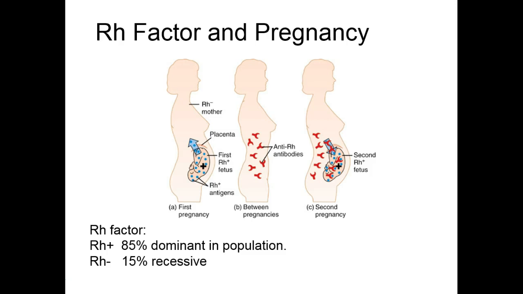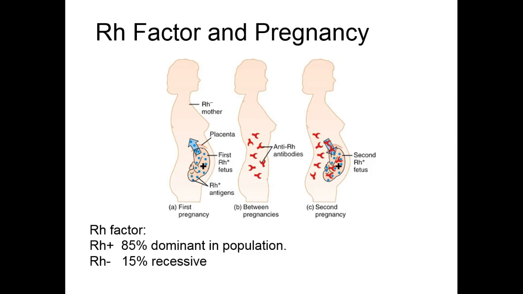With the first baby, if the mother is RH negative and the first baby is RH positive, what's going to happen is you're going to have antibodies made by the mother after the course of that baby. You're going to have antibodies made because the mother's blood is picking up a foreign blood substance, which is actually opposing its type.